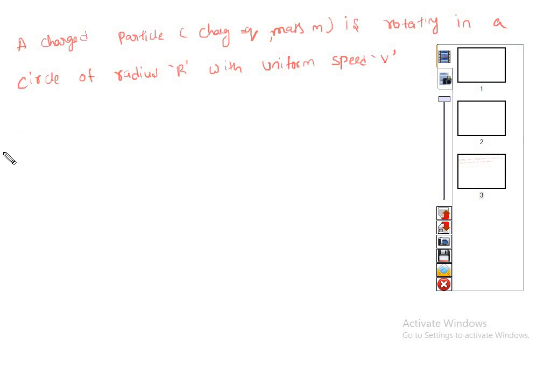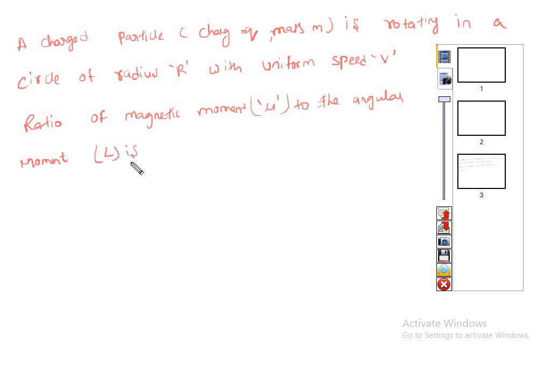The ratio of magnetic moment mu to the angular momentum L is: first option q by 2m, second option q by m, third option q by 4m, fourth option 2q by m.